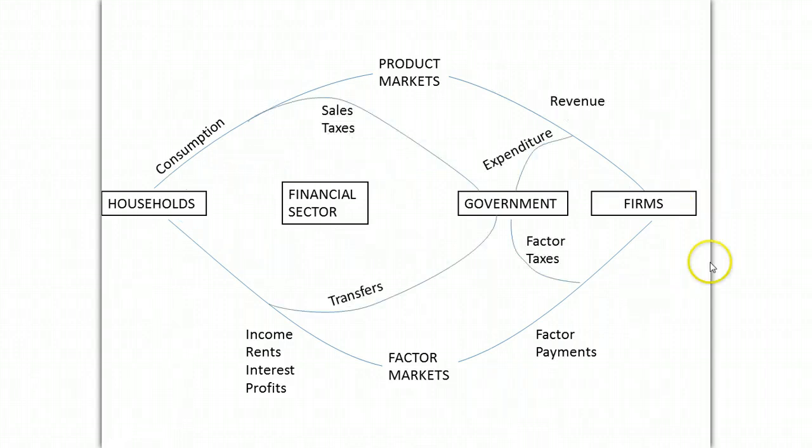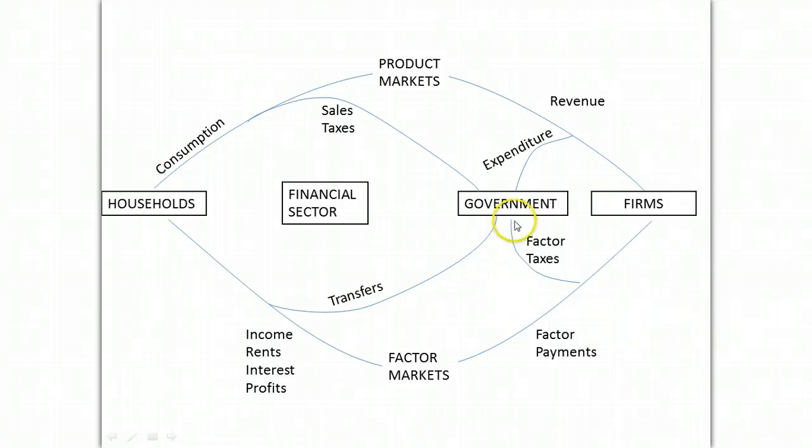The next player we'll look at in the economy is the government, and governments themselves have their own problems. So in the circular flow, the issue with government is the impact it has on the flows that combine to make GDP.